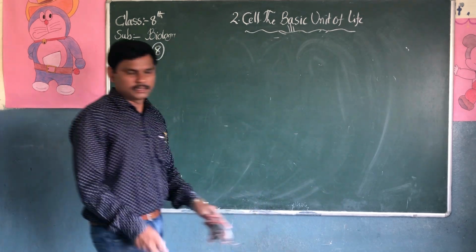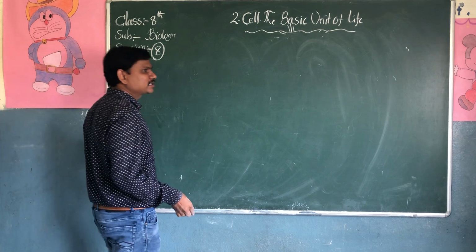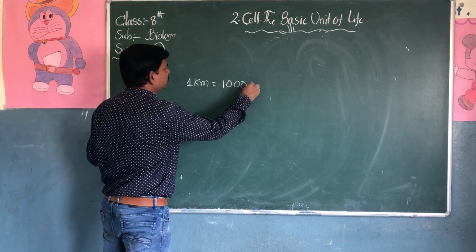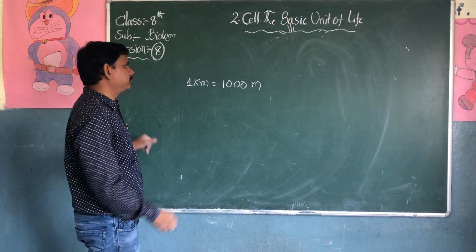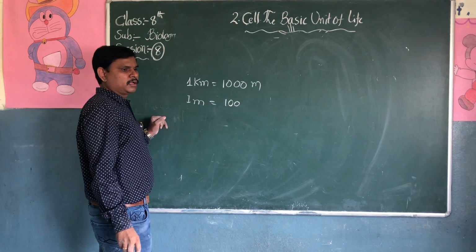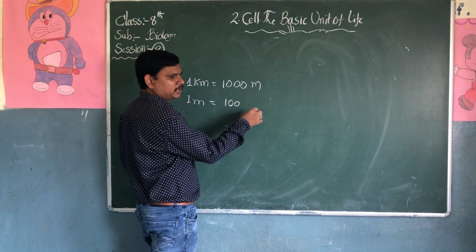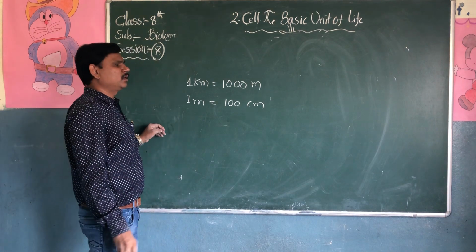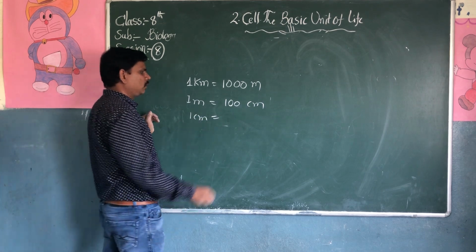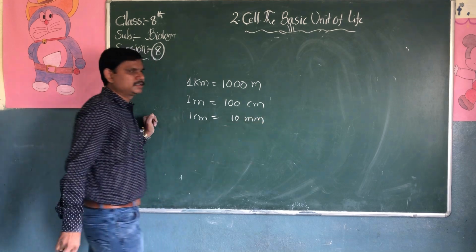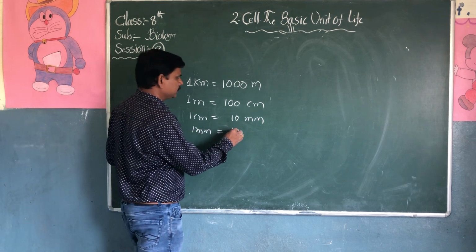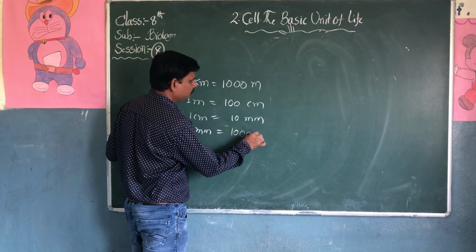Before that, we have to discuss units. 1 kilometer is equal to 1000 meters. 1 meter is equal to 100 centimeters. 1 centimeter is equal to 10 millimeters. 1 millimeter is equal to 1000 micron.